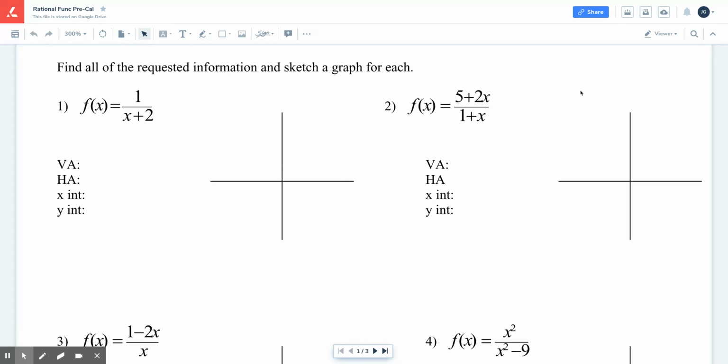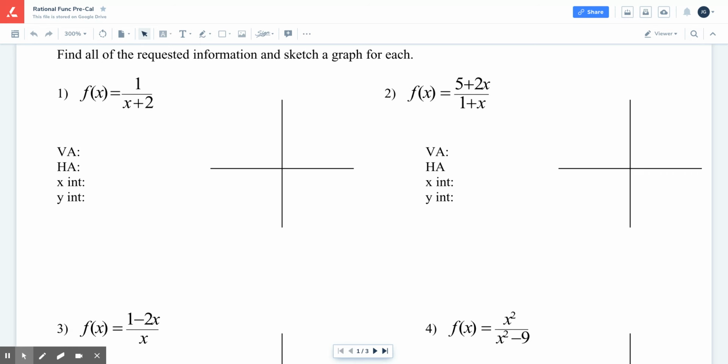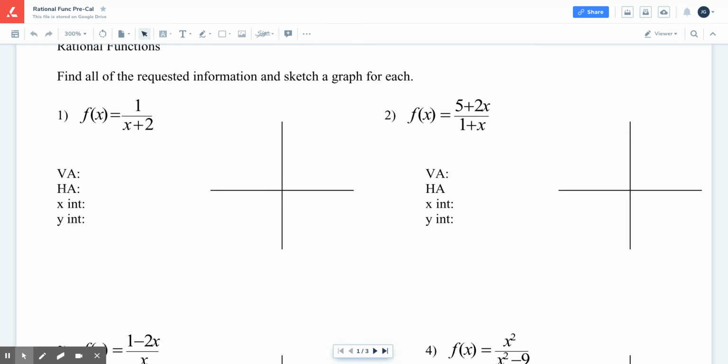So now we have some examples here. This is exactly how you're going to see the problem set up. You're going to see the function, then VA for vertical, HA.